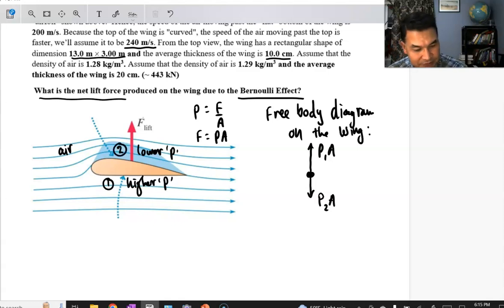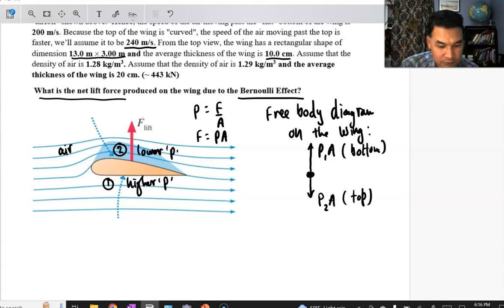You can clearly see the pressure force acting on the bottom of the wing is stronger than the pressure force acting on the top, because you are creating a lower pressure region on the top, and that creates a net lift, which is what we're going to calculate.